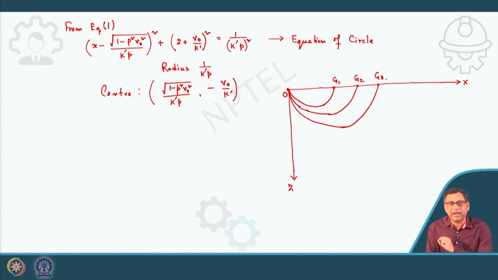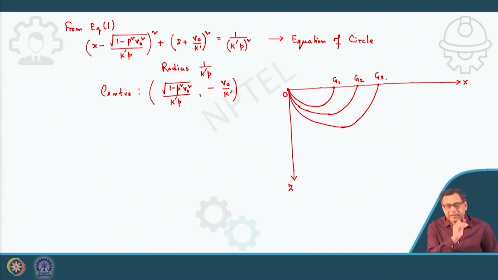It depends on the ray, but k dash is a material parameter. So it depends on the material, and that is constant, whatever the ray is. Wherever you place your geophone, the k dash will be the same, but p will be different, because p is 1 by Vmax, and Vmax will be different for different rays. So that means the radius is different for different geophones or different waves.